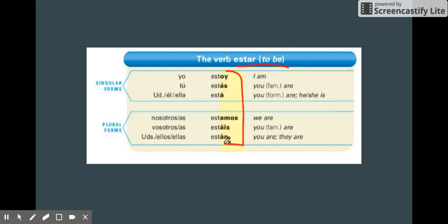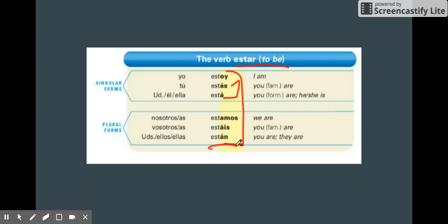tense for every subject. So yo estoy, tú estás, él, ella, usted está, nosotros estamos, ustedes, ellos, ellas están. Important thing to remember about this is the accent marks on estás, está, and están, mainly because without an accent mark, it's a completely different word.